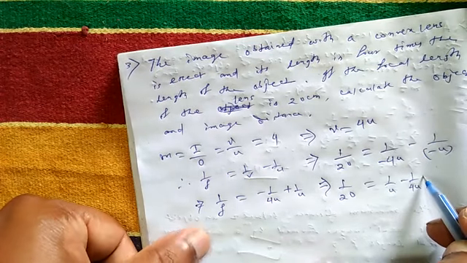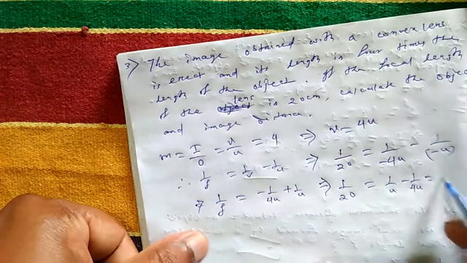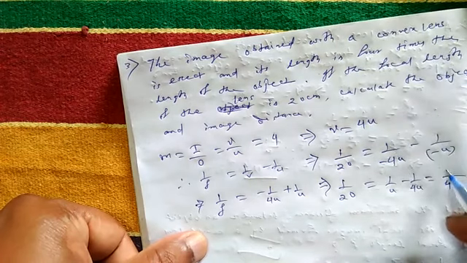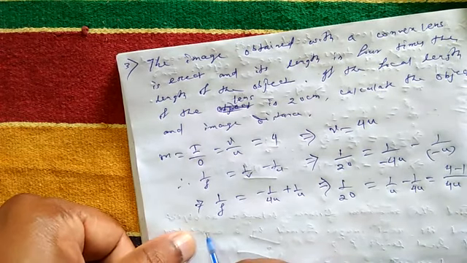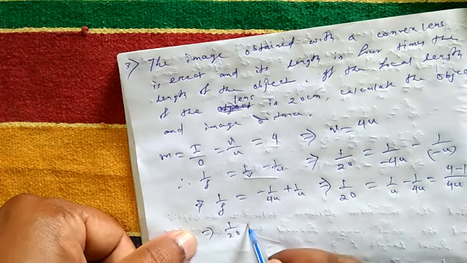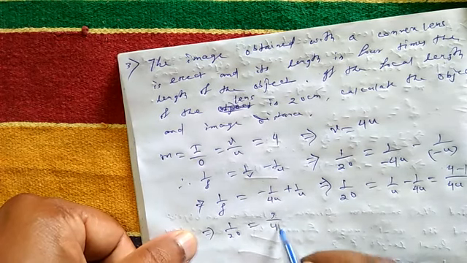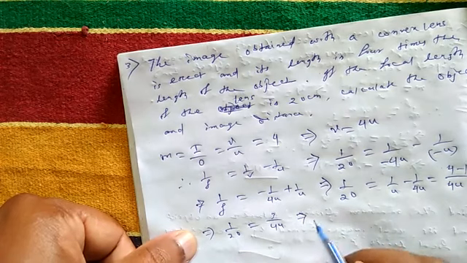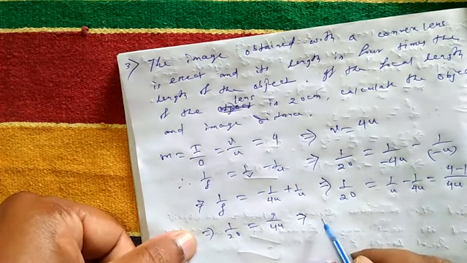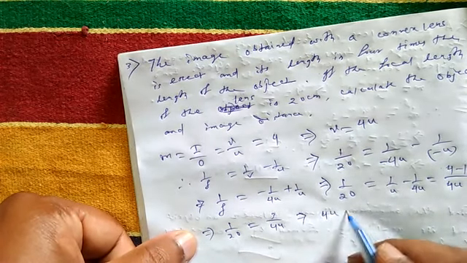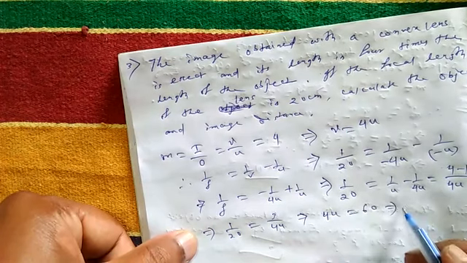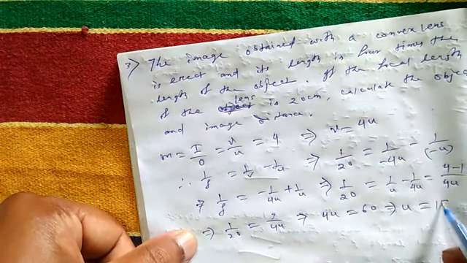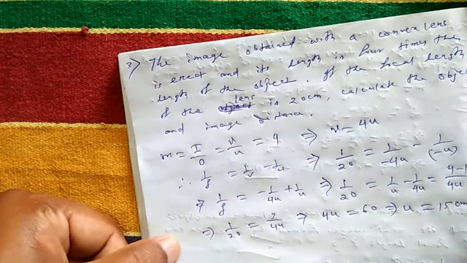This is equal to (4 minus 1) by 4U, which implies 1 by 20 is equal to 3 by 4U, so 4U is equal to 60, which implies U is equal to 15 centimeter.